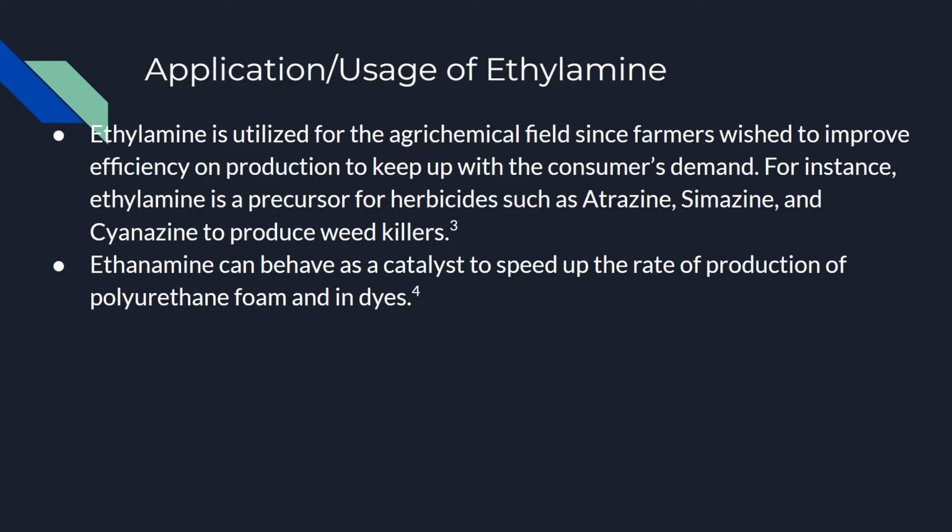A specific example is that ethylamine is a precursor, such as for tea roots through atrazine, simazine, and cyanazine to produce weed killers. Ethylamine can also behave as a catalyst to speed up the rate of production of polyurethane foam and in dyes as well.